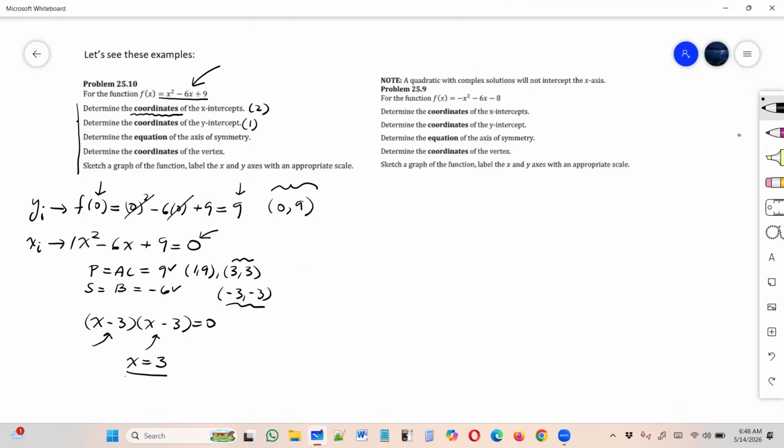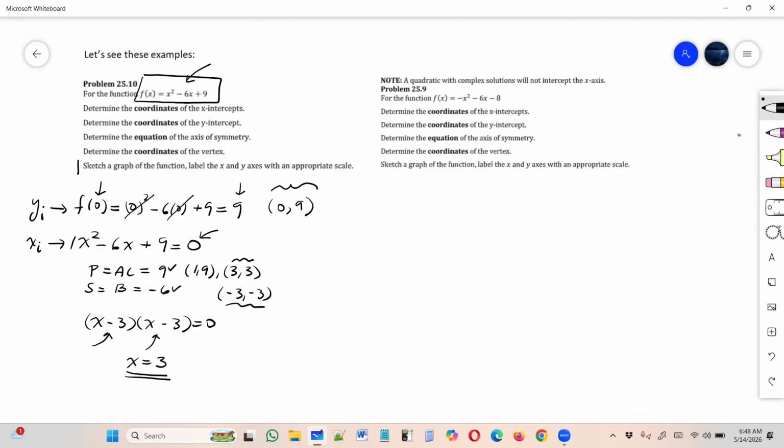Notice you only found one value. Now, what does that mean? It means that this parabola, which by the way, look at the original function right here. Here's the function. And ask yourself, that's the first thing you should ask.